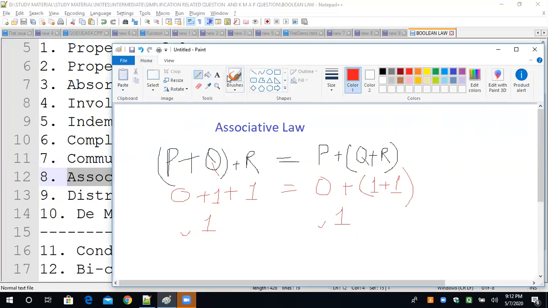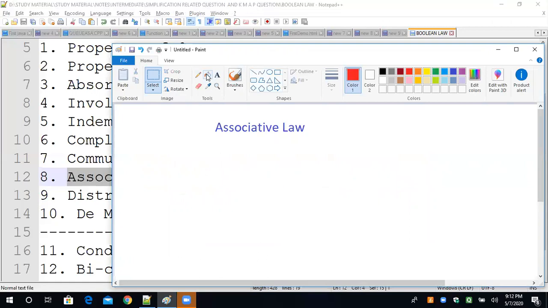No problem. One more variation is there. I'm just covering all the laws. So the second variation of the associative law is multiplying.